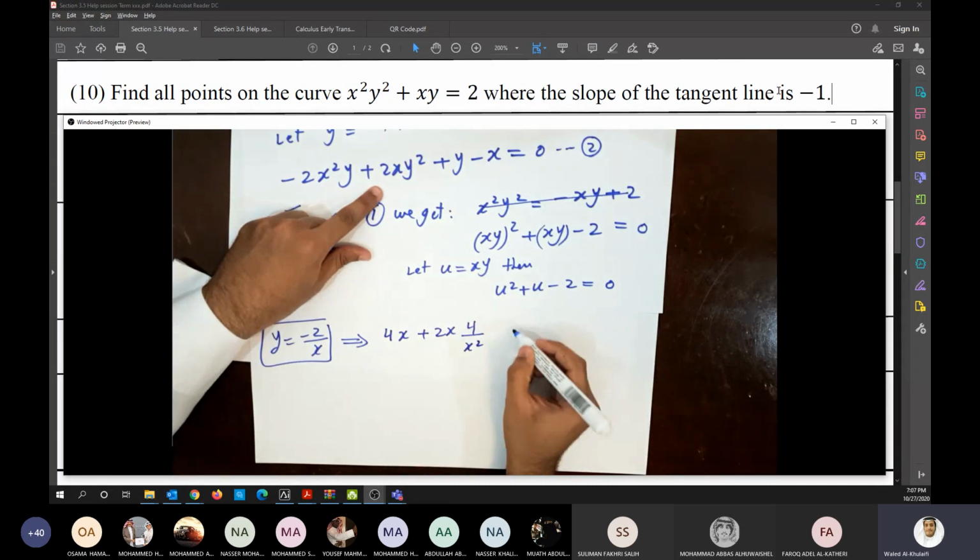Let's substitute as it is: minus 2 over x minus x equal to 0.